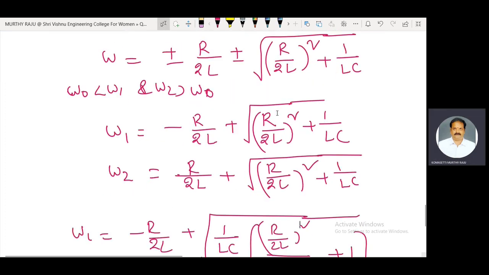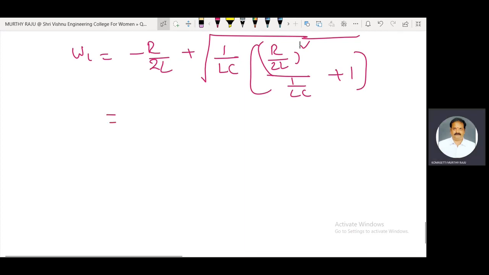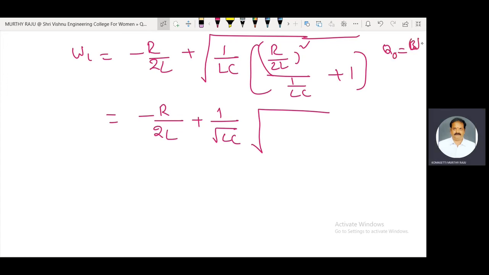In that, 1 by LC is the common term. That is equal to minus R by 2L plus 1 by root LC into square root of the term. Q naught is equal to omega naught by bandwidth. Bandwidth of that circuit is R by L, already derived in the first expression.